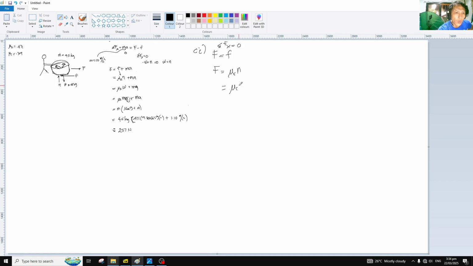So mu s, that is 0.709, and then you have your 45 kilograms, multiplied by 1.62, your acceleration due to gravity on the moon.